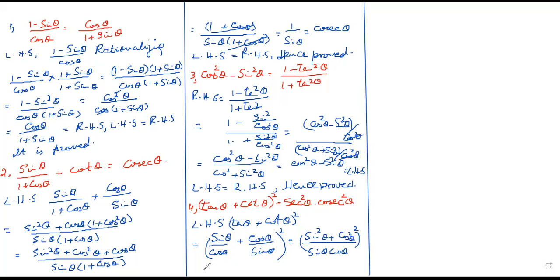This will become 1 over cosine theta sine theta, the whole square, which is equal to 1 over cosine theta, secant theta, the square, plus 1 over sine theta, cosecant theta, the square, which is right hand side. So left hand side equals right hand side, hence proved.